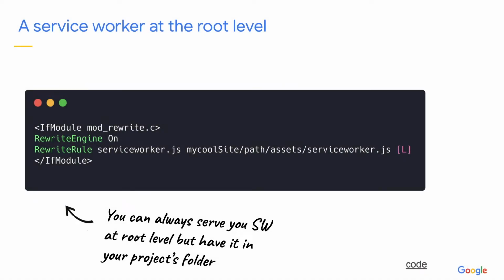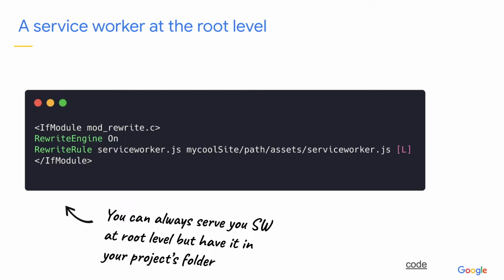I mentioned that you should have your service worker at the root of your project. If it's not possible, you can always write an Apache rule, or maybe you use Nginx or something else.